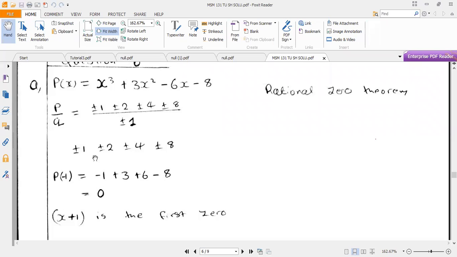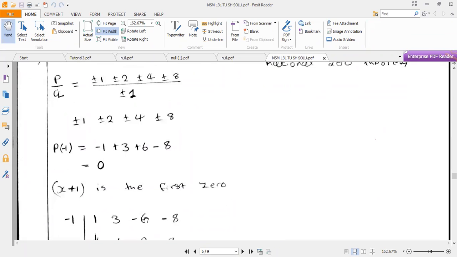So negative 1 is satisfying, because if you place it in, you get 0. Meaning the factor is not x minus 1. The factor is x plus 1, because if we set x plus 1 to 0, we have that x is equal to negative 1. So x plus 1 is the first 0.